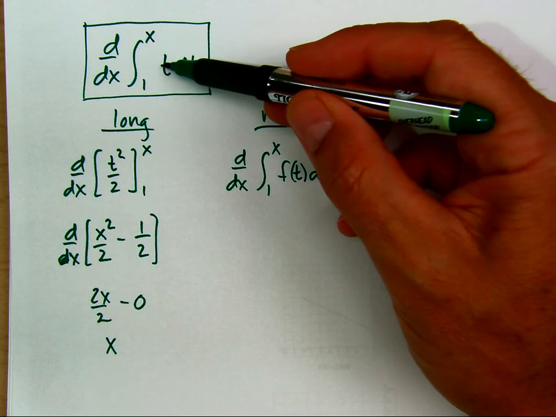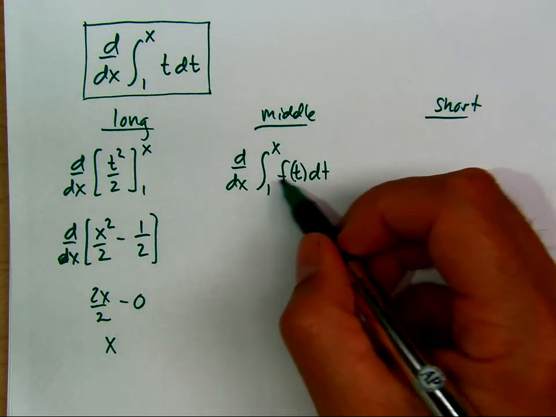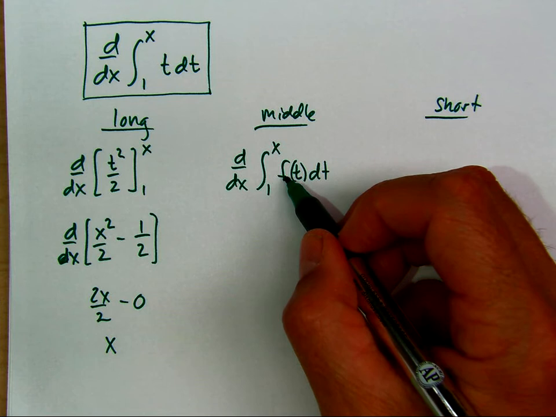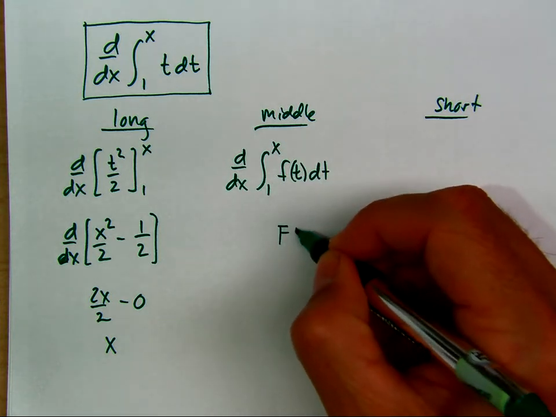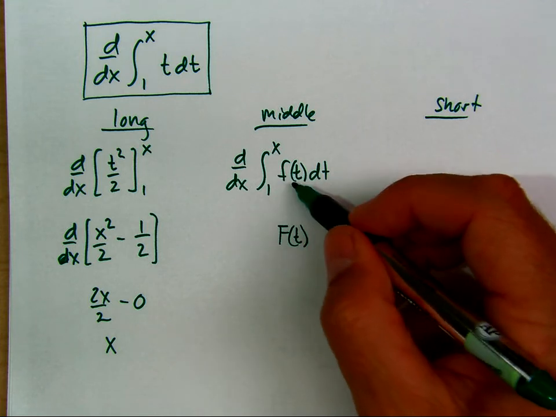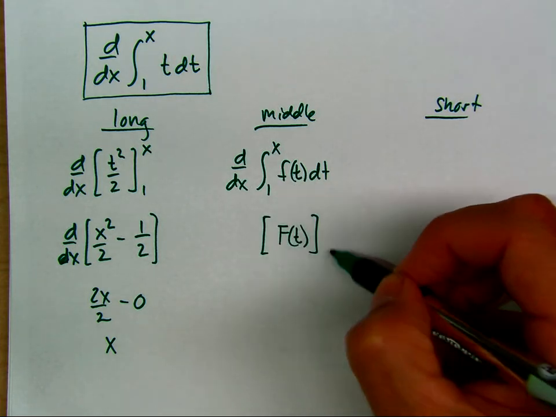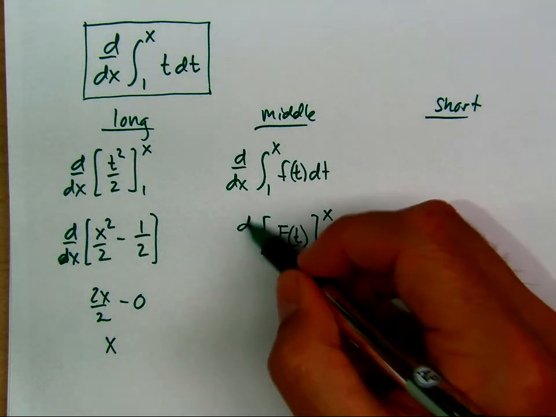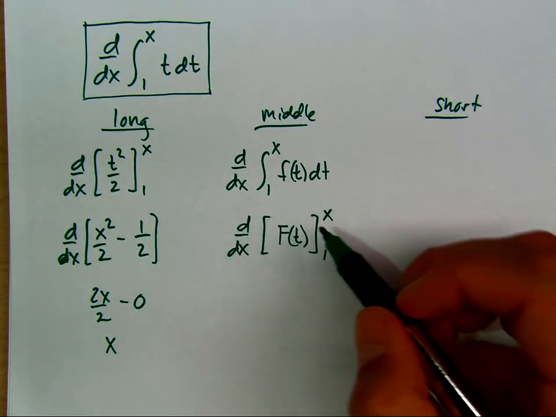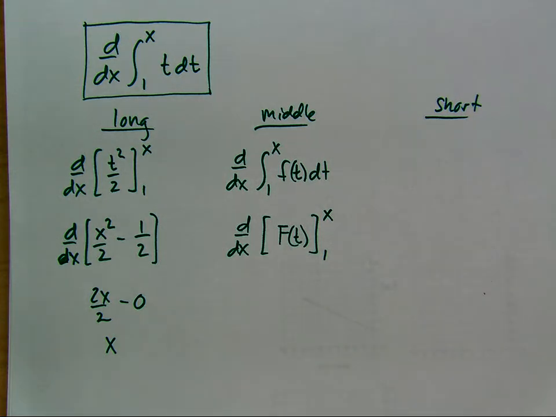Whatever's there with a t, just call it f of t. Then we'll say that lowercase f is the derivative of uppercase F. So instead of doing an antiderivative, we can just use a symbol to say we've done the antiderivative. And on the AP test, capital F is often used to show an antiderivative.